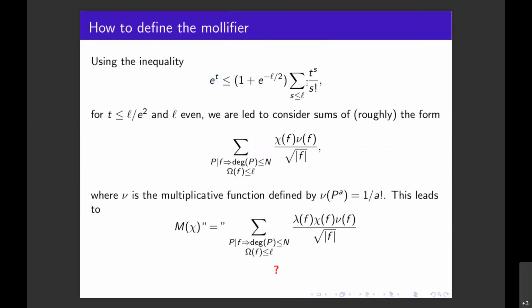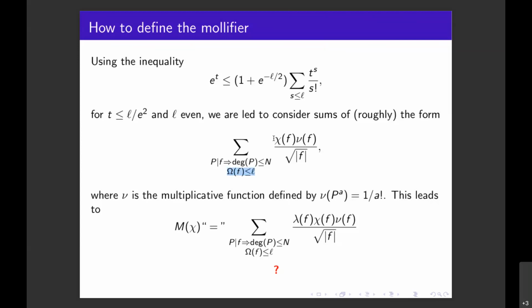If we do that, then we are led to consider sums of roughly this form. I'm summing over polynomials f whose primes all have degree less than n. Since I'm truncating at the point L in the Taylor series, this means that the polynomials f have at most L factors. So this is what omega of f means here: the number of primes of f with multiplicities.